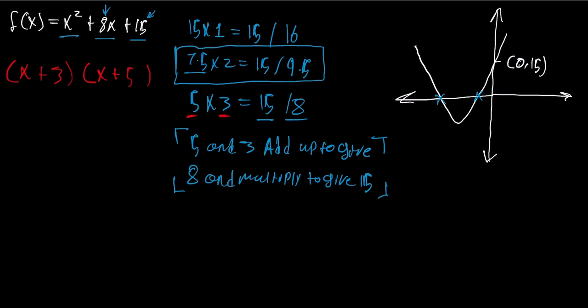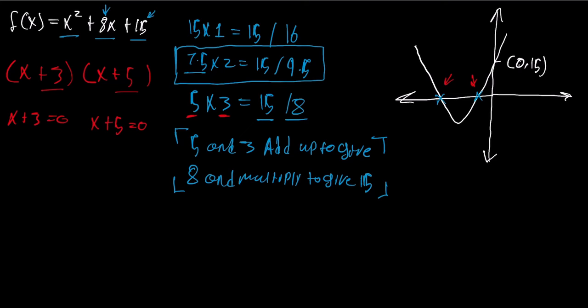Now, these aren't the x coordinates of your points of intercept. These are just numbers that will help us get them. So I'm going to set x plus 3 equal to 0, and x plus 5 equal to 0.